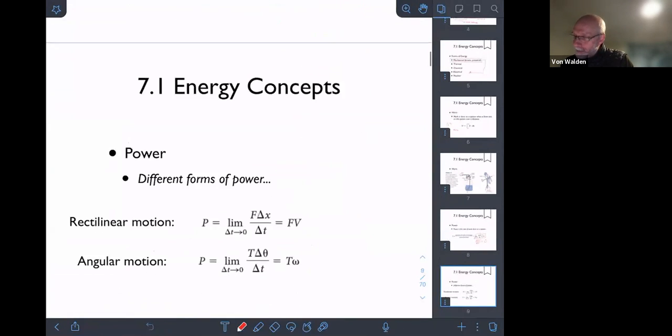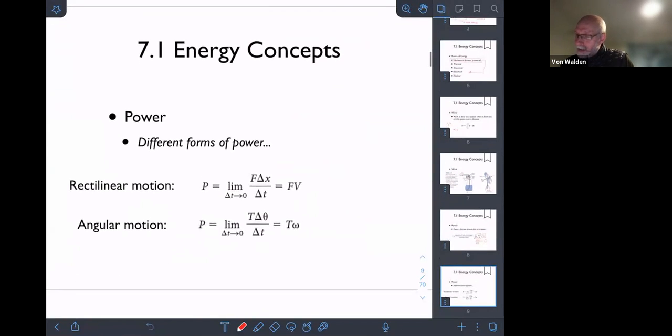There we go. And so power can come in different forms. You can see that if it's what's called rectilinear motion, if the force is constant along that path, we know that we have F delta X, or delta S in our notation before.